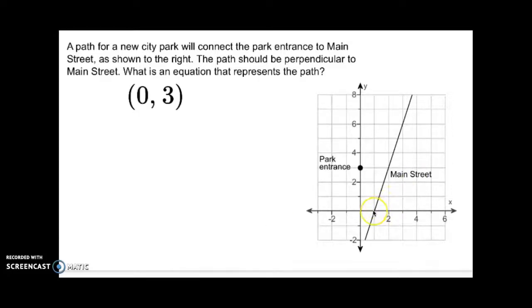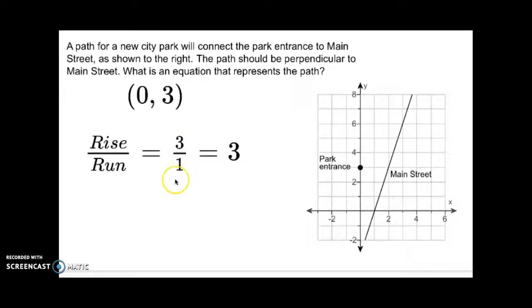So starting at this point and using this point, I'm going to count up, which I count up 3, to the right 1. So rise over run will be 3/1, so my slope's going to be 3. So perpendicular to that, I will flip the 3 upside down and get 1/3, change the sign, it'll be -1/3. So that's going to be the slope that I need.